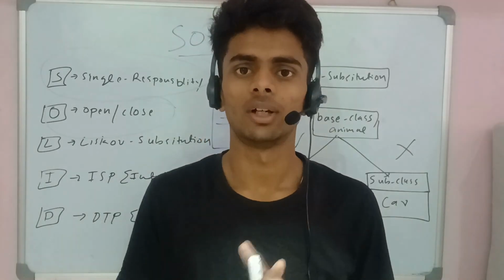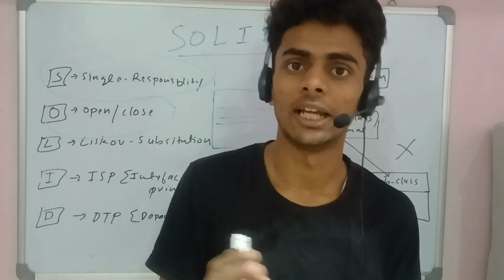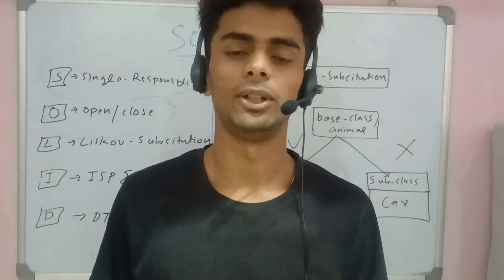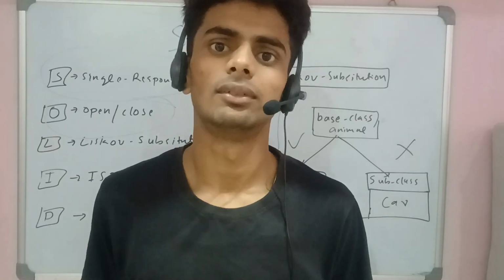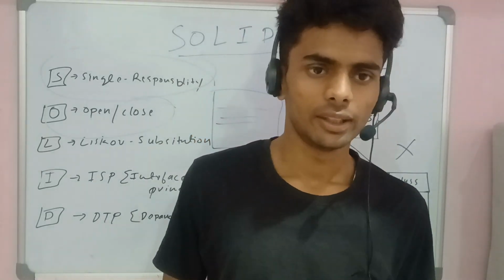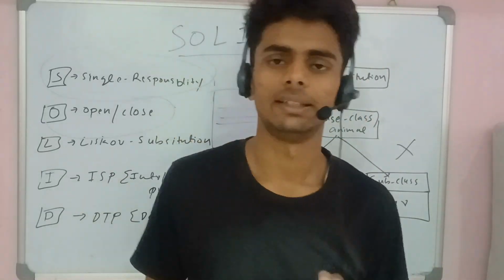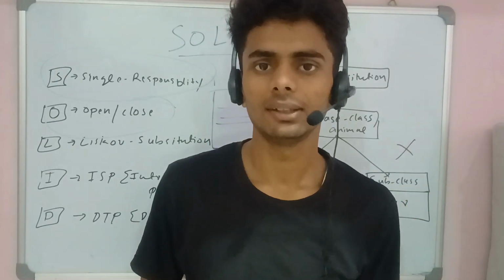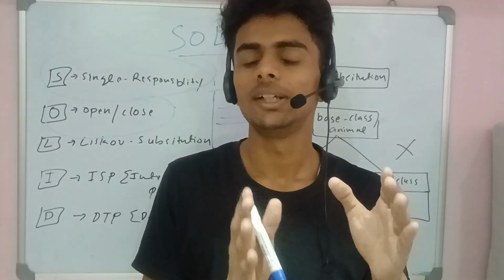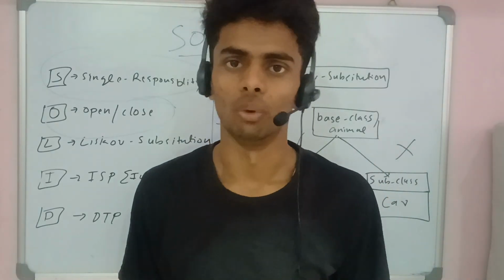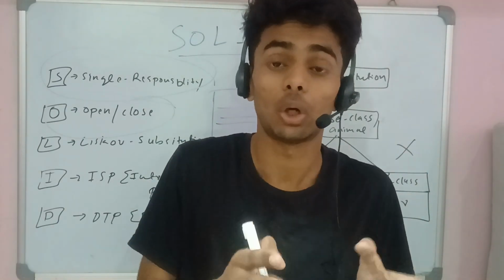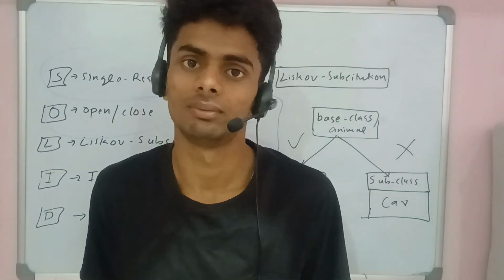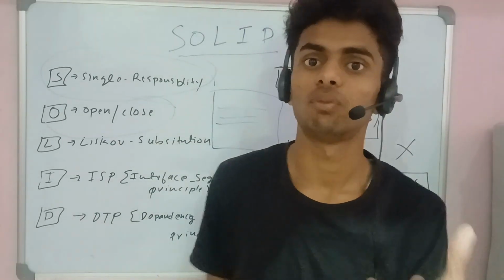Let's suppose you write a code which calculates the numbers between 1 and 100. If you get any error or any bug in that particular class, you need to extend this code. You are not going to just modify this code. So that's the open for extension part.